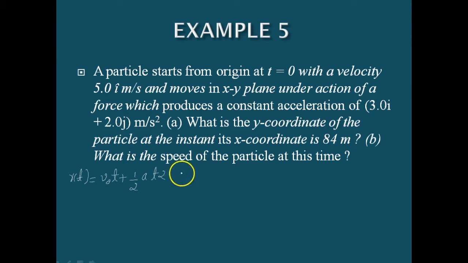They have given the value of v0, that is 5 î, and they have given the value of a.